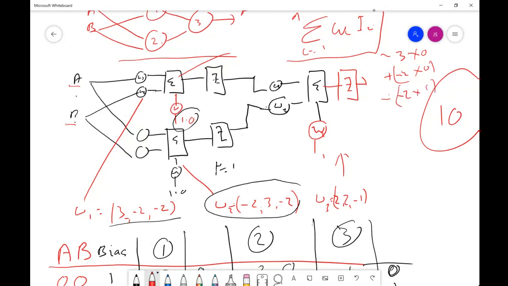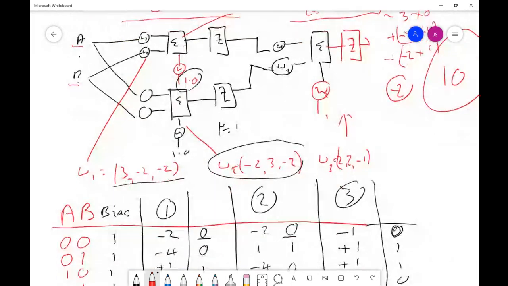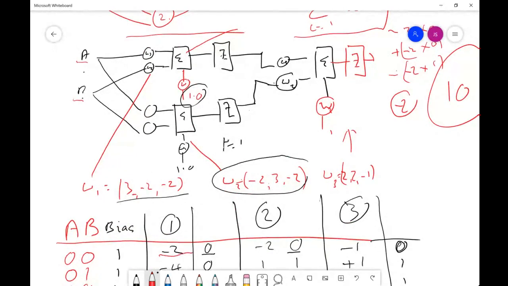And if we work that out, 3 times 0 is 0, -2 times 0 is 0, -2 times 1 is -2, and -2 is what I should have in that column. Yes, I've got it right. -2 is the output there.